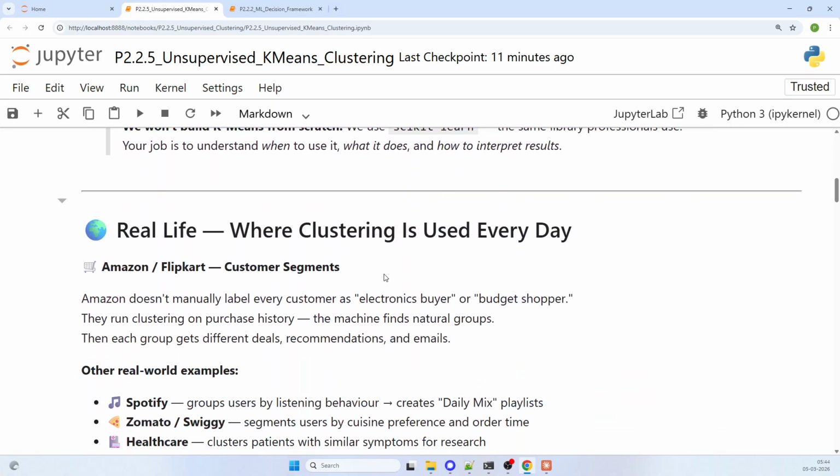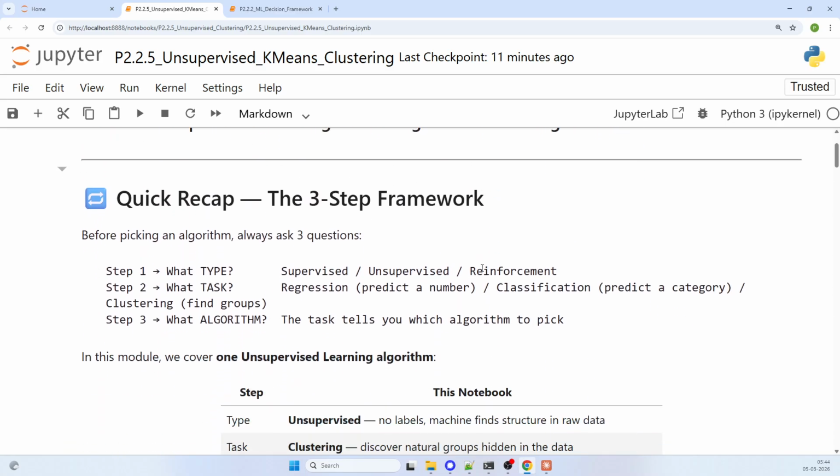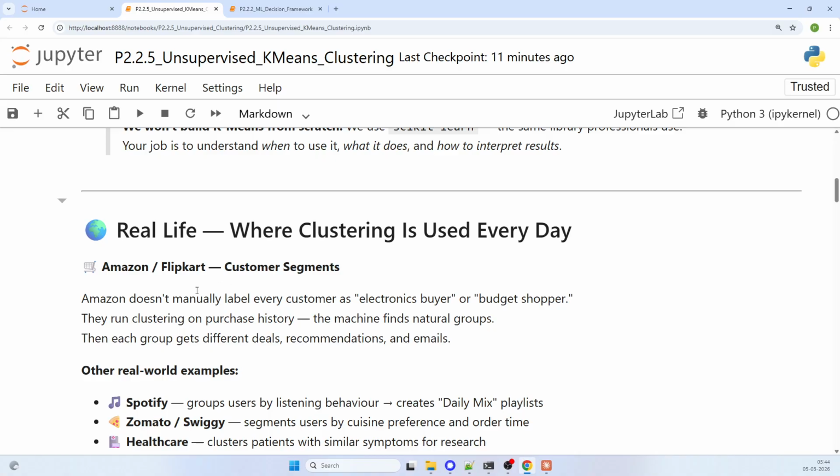First let's understand what customer segmentation is. In general, Amazon doesn't manually label every customer as an electronics buyer or budget shopper. They run clustering on purchase history. Let's say I am using Amazon, they will run clustering on my purchase history, and based upon that they will decide whether I am buying more electronics, more clothing, or more groceries.